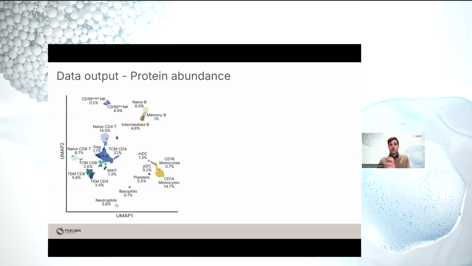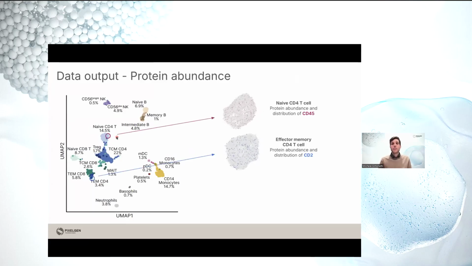We can extrapolate single cells, and we can look at the protein abundance and distribution of all the 155 targets that we have in the plex. In this example is a naive CD4 T cell where we look at abundance and distribution of CD45. And here is an effector memory CD4 T cell where we look at abundance and distribution of CD2. But we can do this for all the 155 targets that we have in the plex and for all cells that we have input.